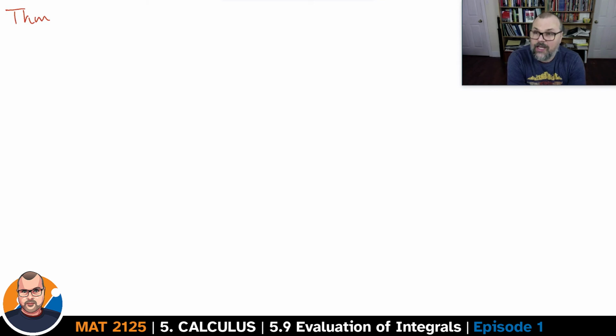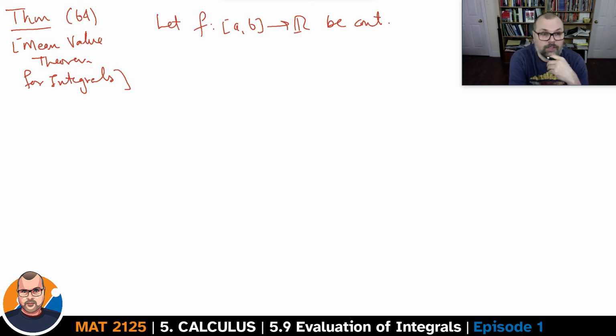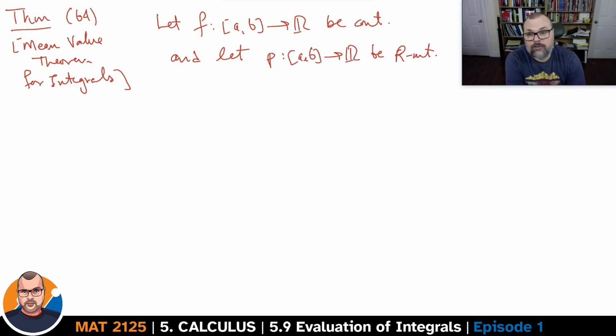I will also state a mean value theorem for integrals. So we have a function f, which is continuous on the interval ab, which is closed. It is bounded on ab. Let p be some function from ab to R, which is R integrable, with p at x always greater than 0.